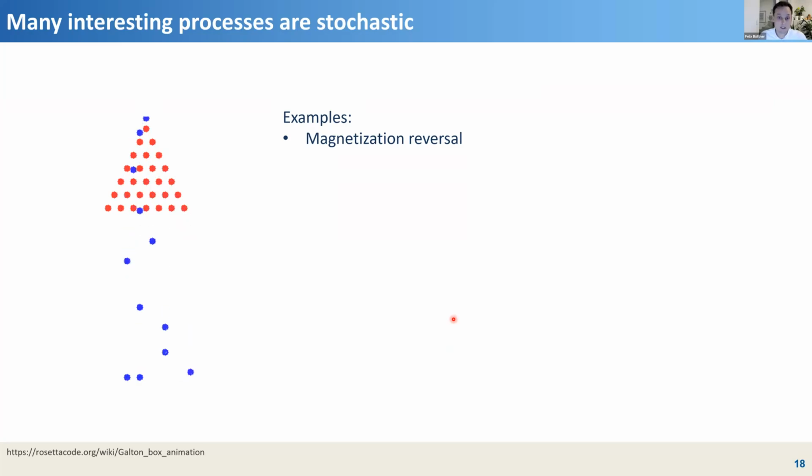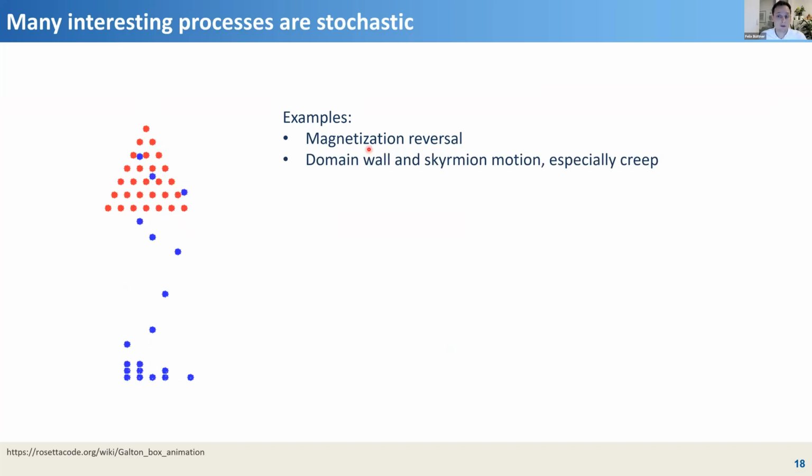The propagation of magnetic domain walls and skyrmions is, with very few exceptions, stochastic, especially at the nanometer scale. This might look deterministic if you look at Kerr microscope images, because they have relatively broad spatial resolution. But if you look at the nanometer scale, things become stochastic, especially if you go to the creep regime. And there's Brownian motion, naturally a stochastic process.